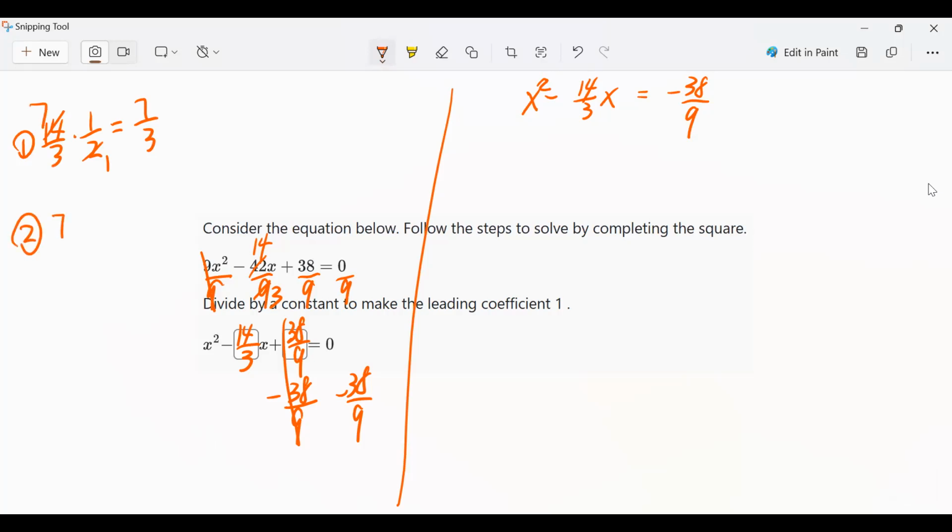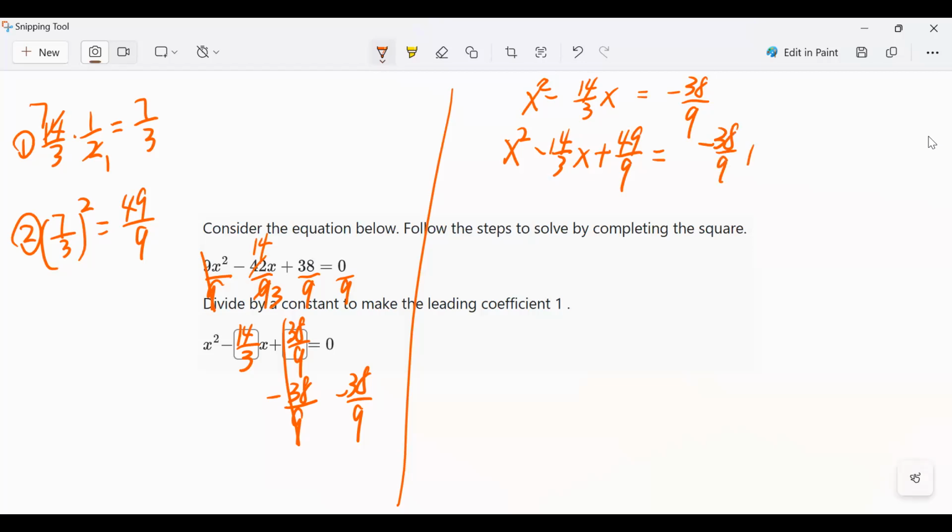And then we're going to square this number. 7 over 3 squared is 49 over 9. So that means we're going to add 49 over 9 to x squared minus 14 over 3 x, and the same thing on the right hand side, adding 49 over 9.